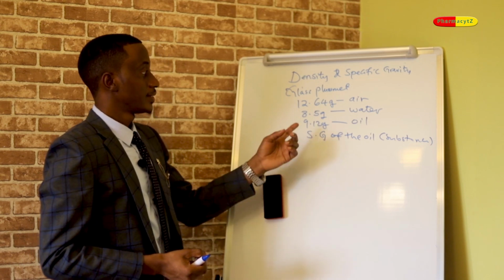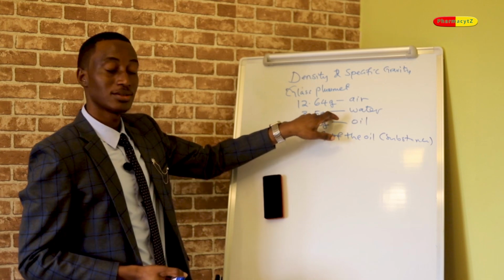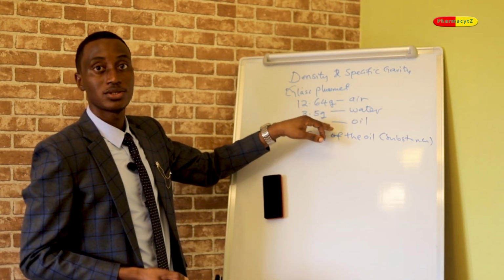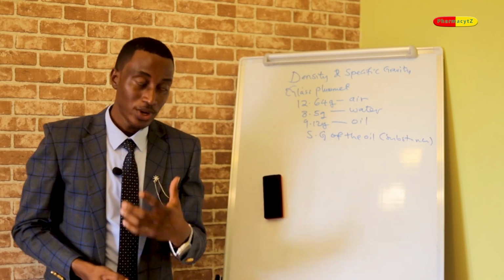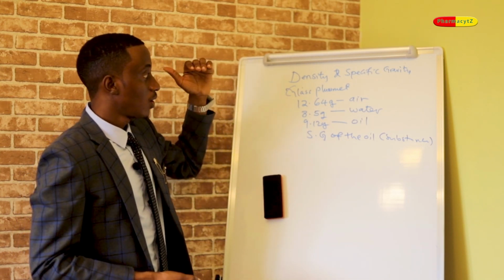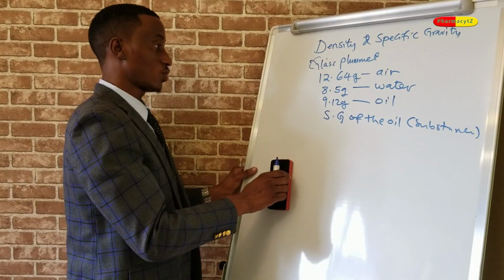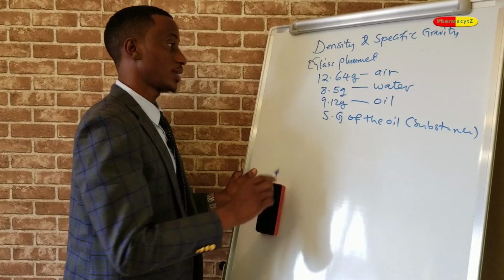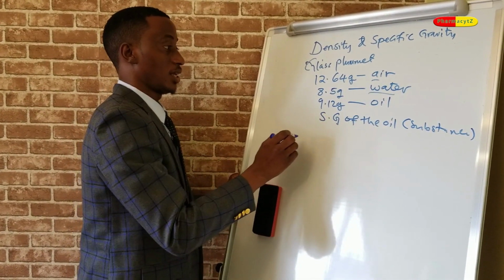Mind you, this is not the true weight when it has water, and this is not the true weight when there is oil. So in order to get the true weight, you need to subtract the weights given from the weight which had contained air. So to know the true amount when it was in water, take this amount minus this.